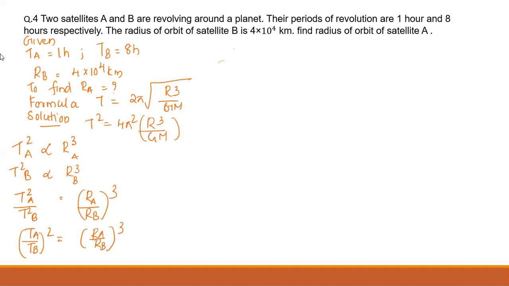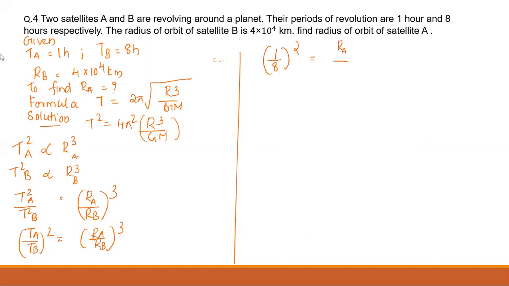Okay, on substituting the values, we will get TA upon TB. TA is 1, TB is 8. That is (1 upon 8) the whole square is equal to RA upon RB. RA is not given. We want to find out RA.